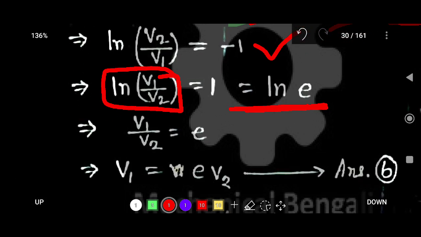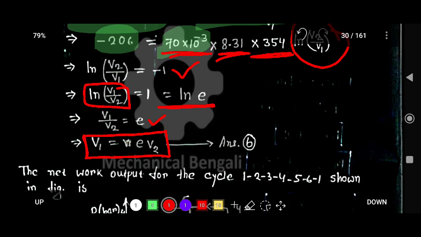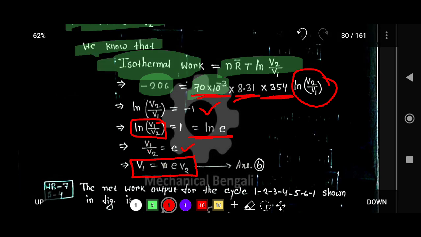So V1 by V2 is equal to e, and V1 is equal to e times V2. This is the relation between V1 and V2. This is a simple question, just practice it.